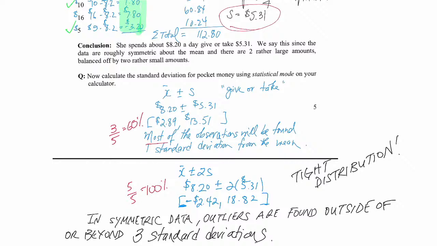They are infrequent, unlikely, but they exist. They're possible, but improbable. In this distribution, they're not possible.